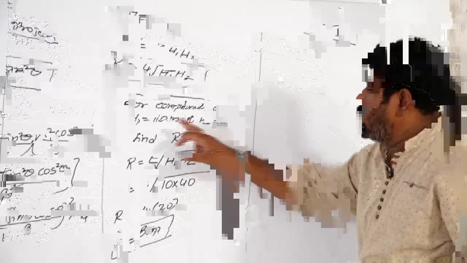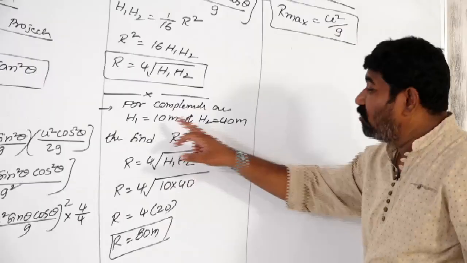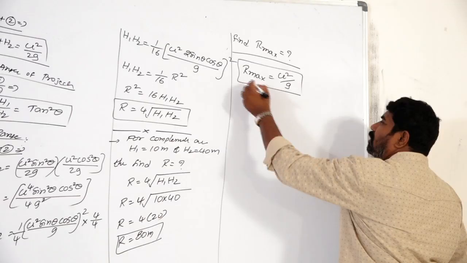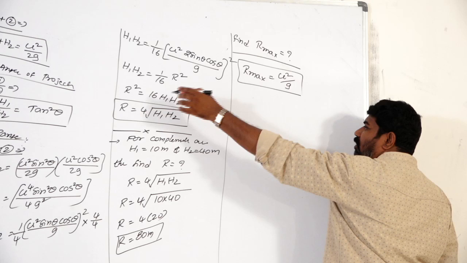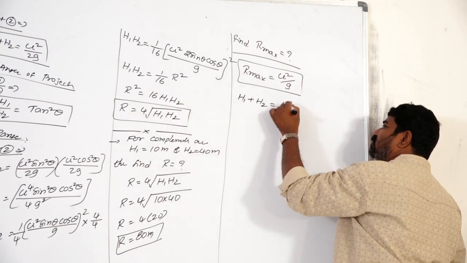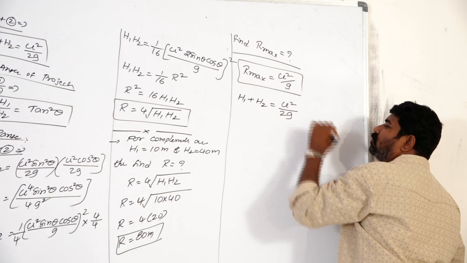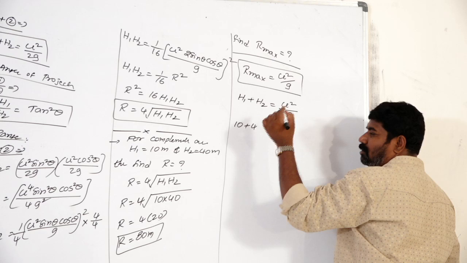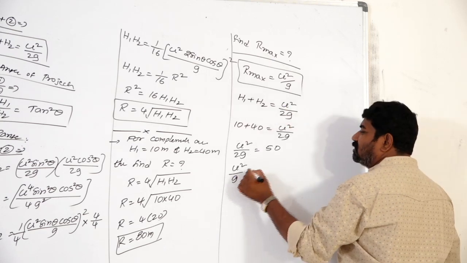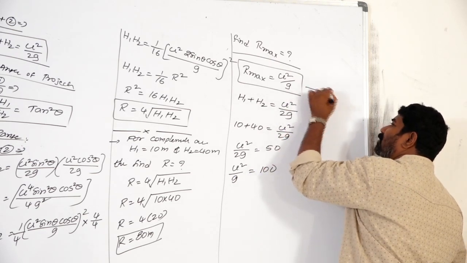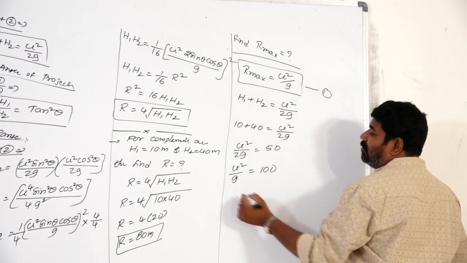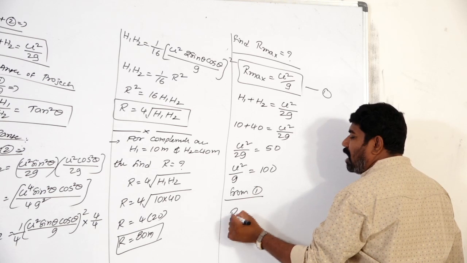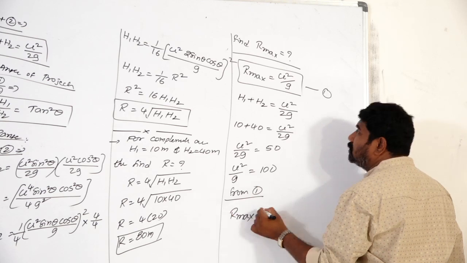Now, to find the maximum range, we go for complementary angles: H1 plus H2 is equal to u square by 2g. Here H1 is 10 plus 40 is equal to u square by 2g. u square by 2g is equal to 50. u square by g is nothing but 100. But u square by g is nothing but R maximum. So R maximum is nothing but 100 meters.